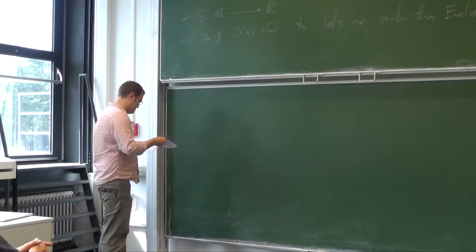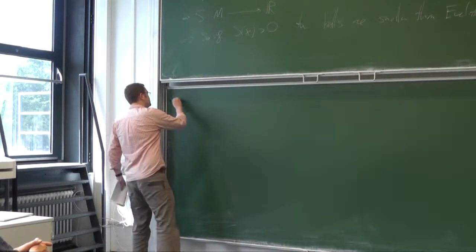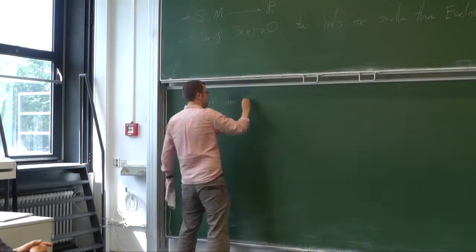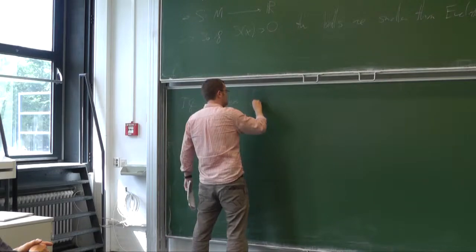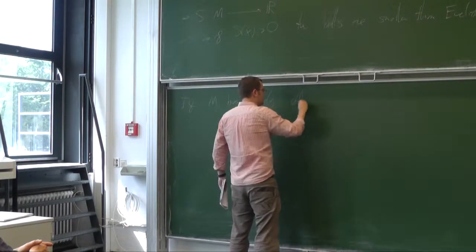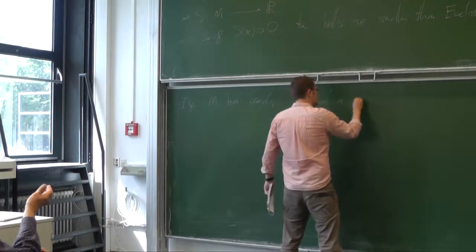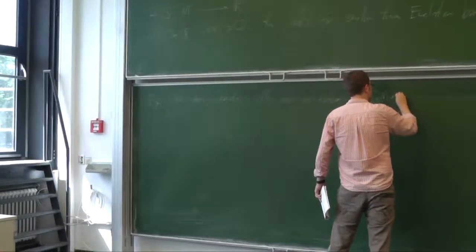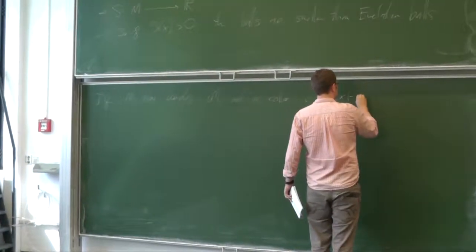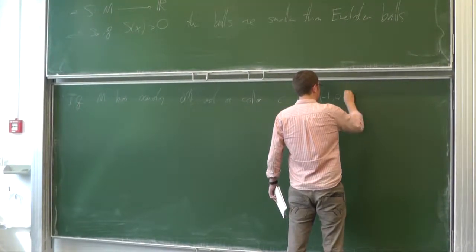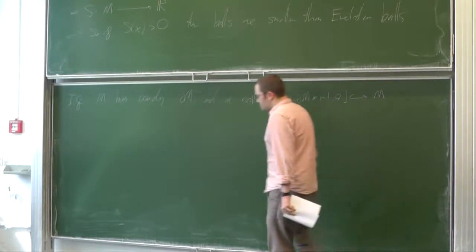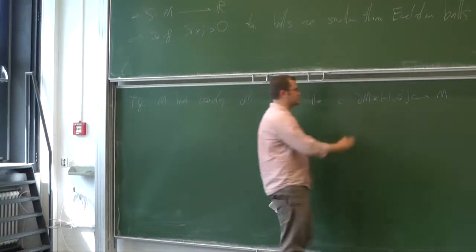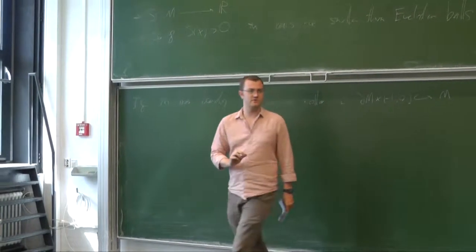So let me just say a couple of careful things first. If M has boundary, boundary of M, and a collar C, then if I'm talking about Riemannian metrics of any type on M, I'm always going to insist that on this collar they're a product metric.